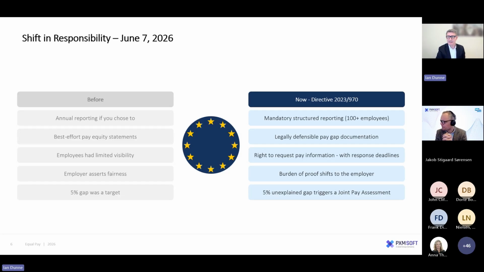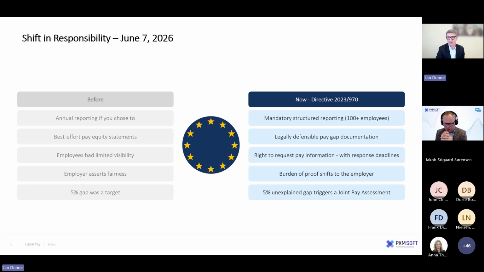Secondly, employees now have the legal right to request pay information, and you have response deadlines. You can't take months to respond. You've got specific deadlines, and you need a process and documentation to support any outcome of these assessments.